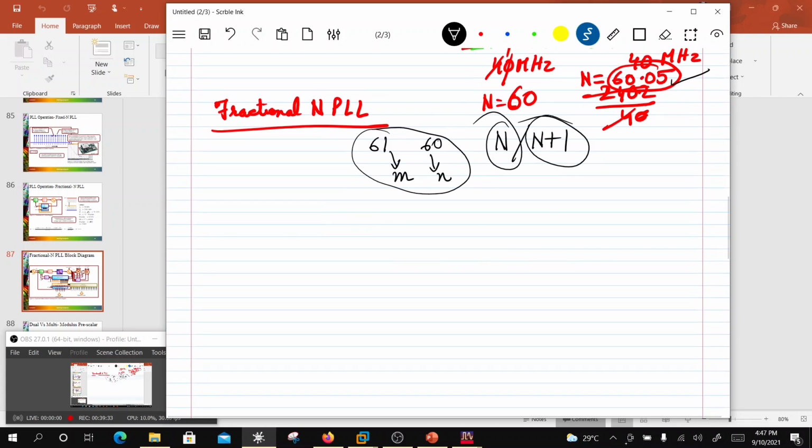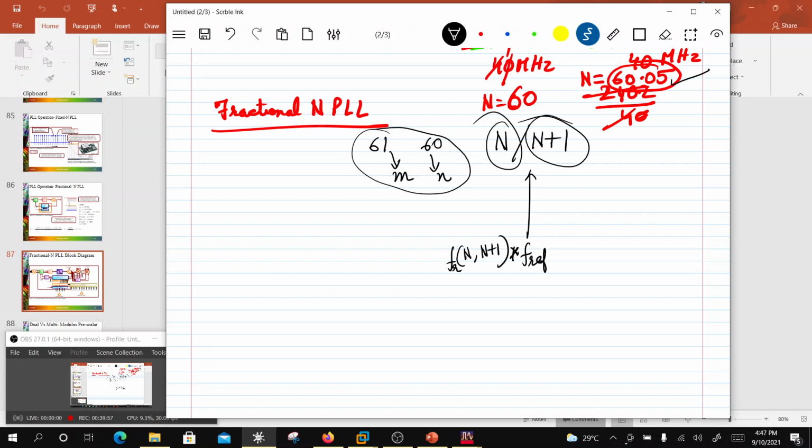Then there would be a carrier which is a fraction between N and N plus 1 times fref.